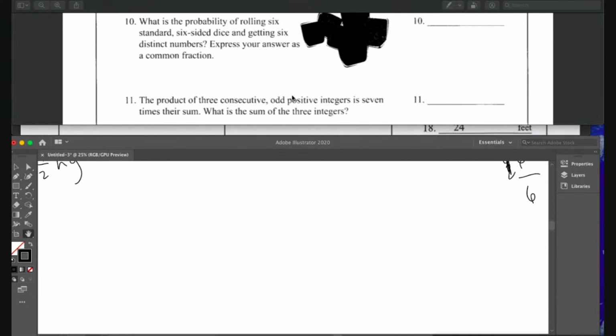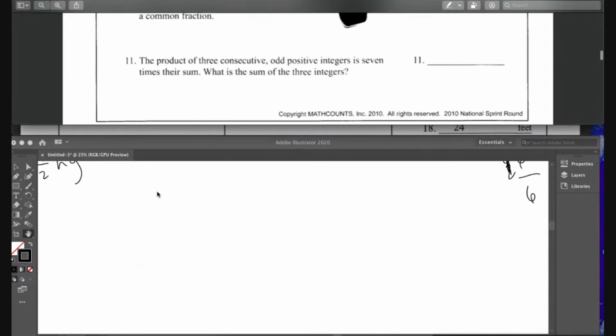Okay. Number 11, the product of three consecutive odd positive integers is 7 times their sum. What is the sum of the three integers? Okay, so let's say the smallest number in the sequence is x.